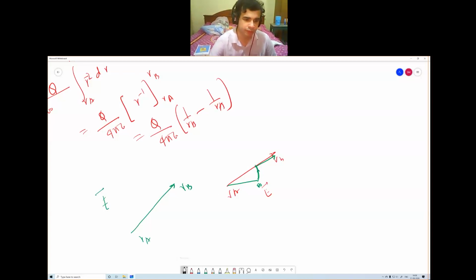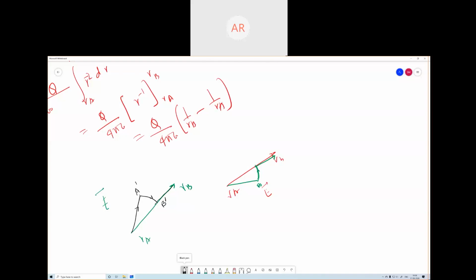If we take another way, is it possible? Yes. What is the work done here? Work done will be the same, right? It can be shown.